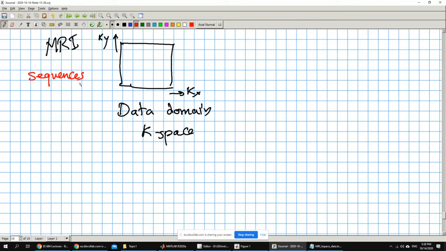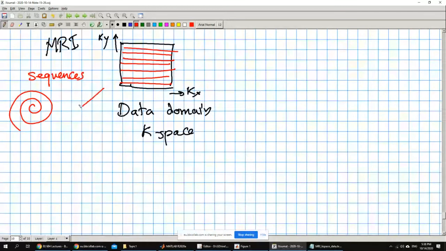Each of these sequences collects the frequency domain in a particular way. The one we have collects the k-space as lines like this, samples on particular lines. But there are sequences that collect the data as spirals, as radial lines, things like that. Some of them collect it as zigzag, like this. But as long as you cover the same area, you can reconstruct an image.